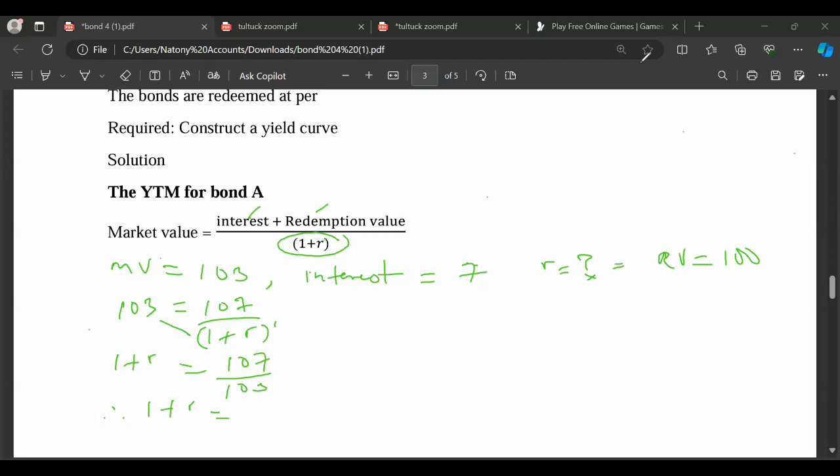That will give us 1.0388. Therefore, R will be equal to 1.0388 minus 1. So R will be equal to 0.0388, or 3.88%.